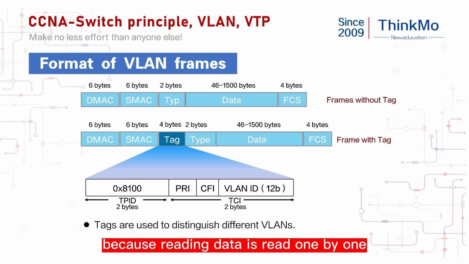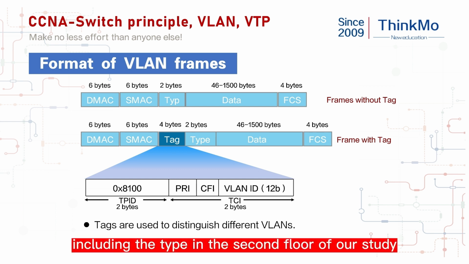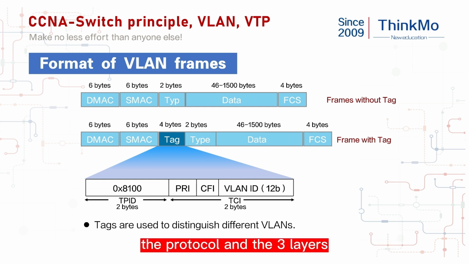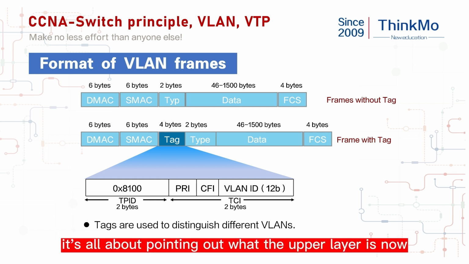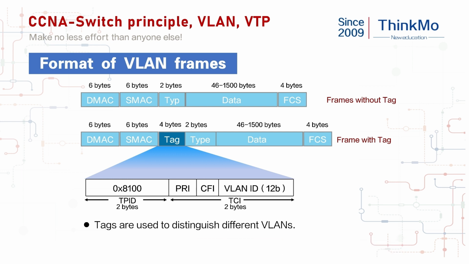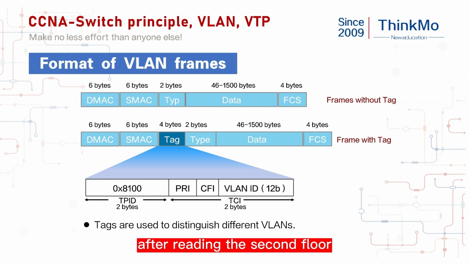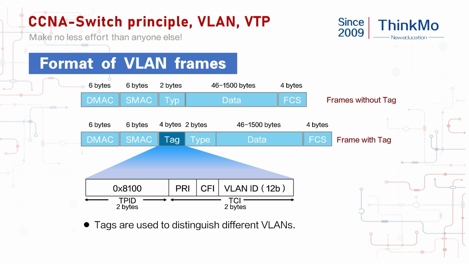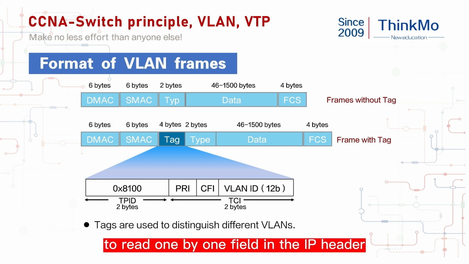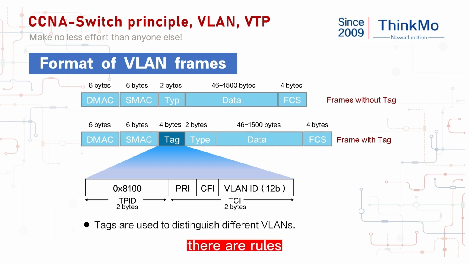Because data is read one field at a time, including the type in the second layer, which is what we studied, and the protocol in the third layer. It is all about pointing out what the upper layer is. After reading the second layer, if the third layer is the IP protocol, the fields in the IP header are read one by one according to rules.